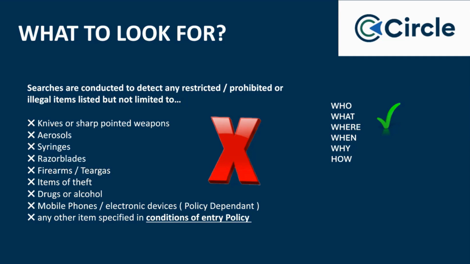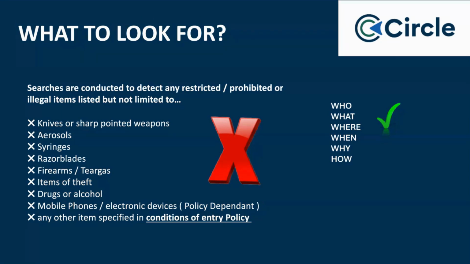They are such things as a knife or sharp pointed weapon, aerosols, any form of syringe, razor blades, firearms and tear gas, items of theft, drugs or alcohol, mobile phones and electronic devices, but those are policy dependent, depending on the company policy themselves, and any other items specified as a condition of entry policy.